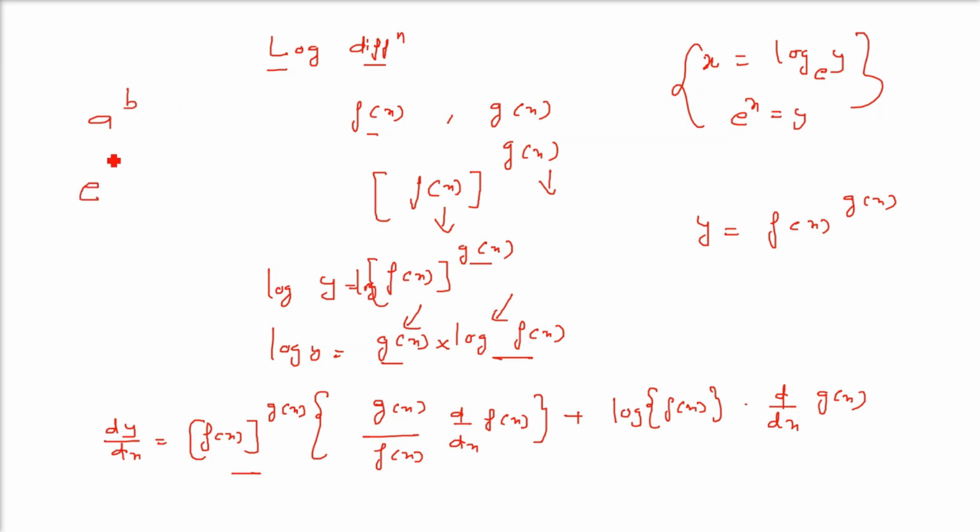So a to the power b, you can write as a to the power log base a b. a is the base and b is log b, that is, b will come in front. So we have b log a. They are all same. One thing is very clear, e and log cancel out. That is how a to the power b will come. So a to the power b will be e to the power b log a.